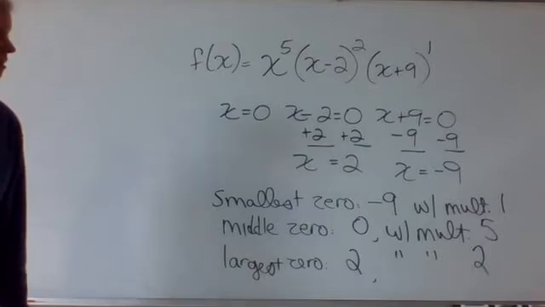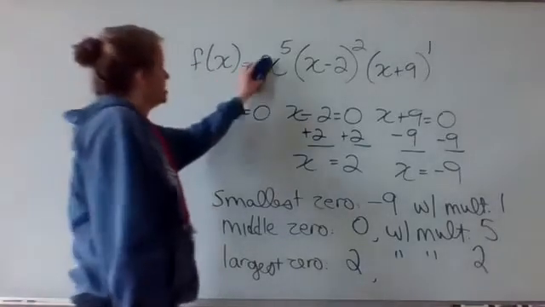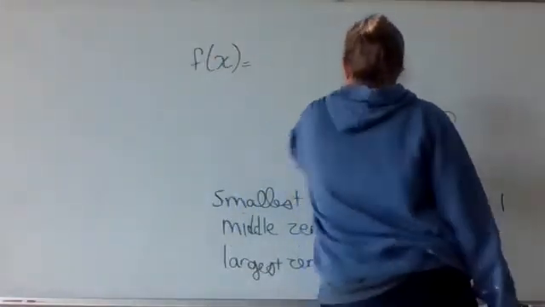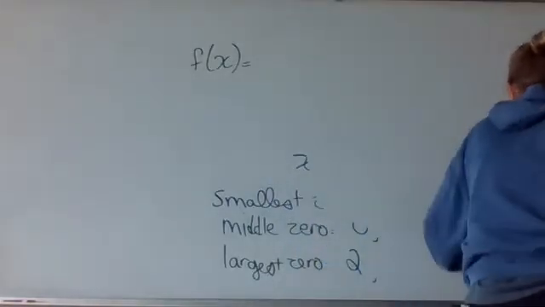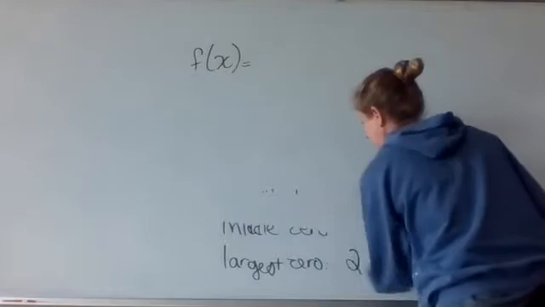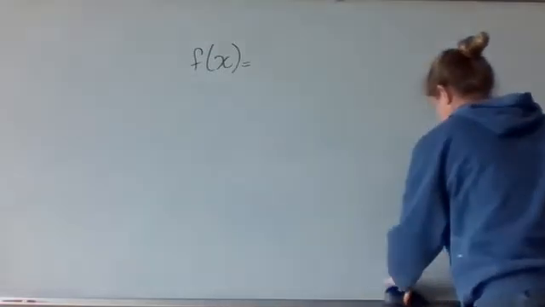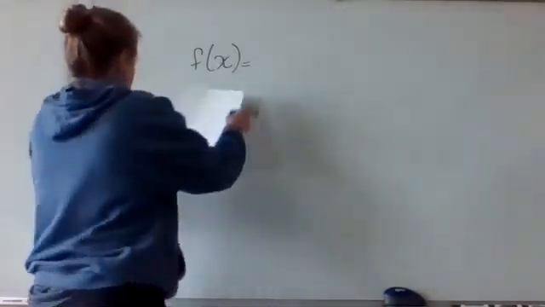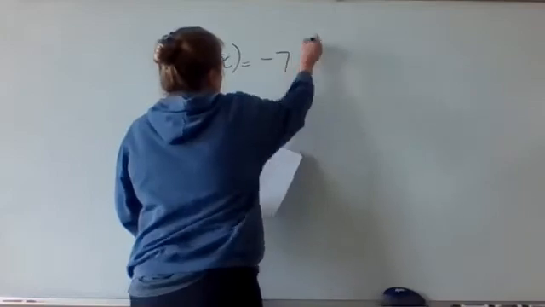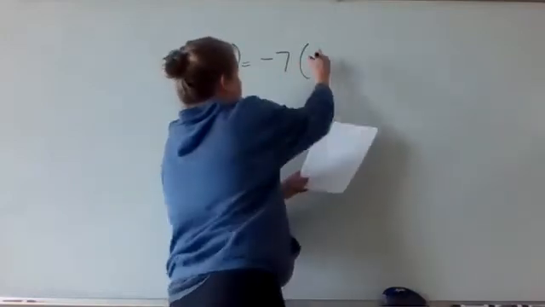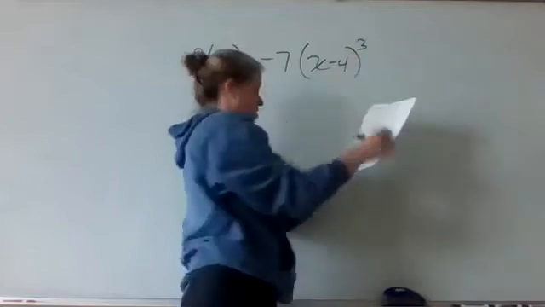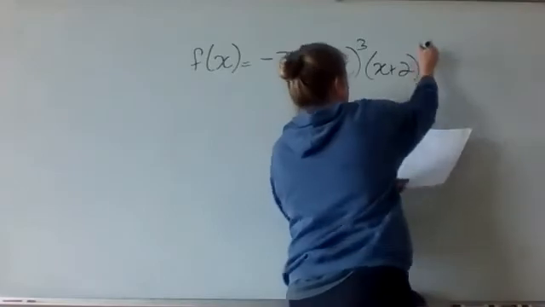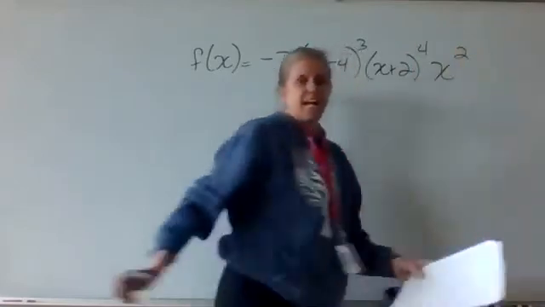Number 8. Number 8's another one like this. f of x equals -7, then x minus 4 to the third power, x plus 2 to the fourth, and x to the second.